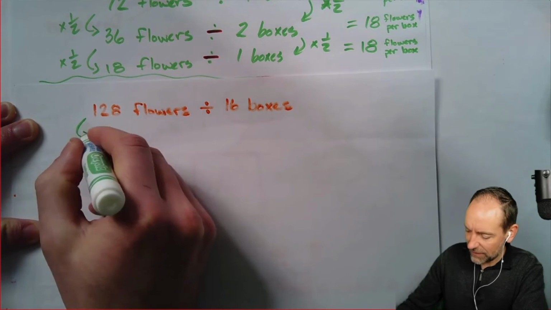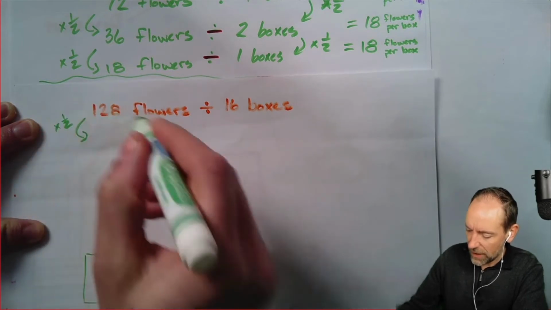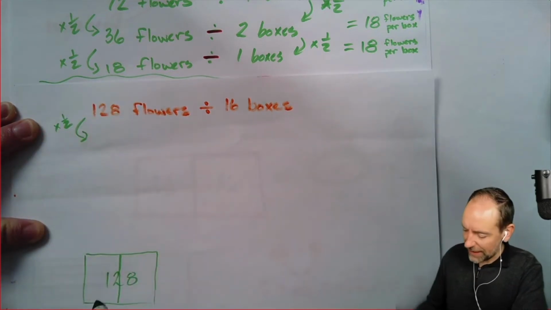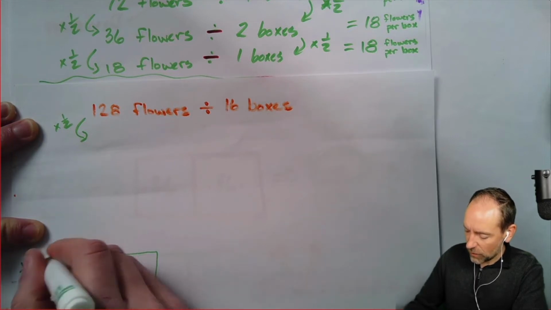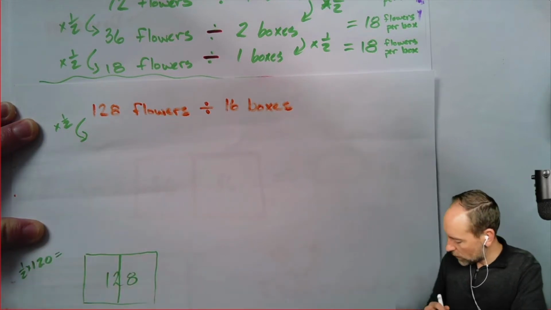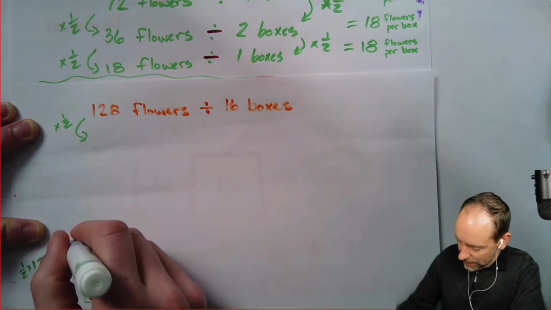So that's the same thing as saying I'm going to halve my 128. But you said 128 is hard for you, so you thought, what if I halve 120? If I halve that, what do you get? 60.